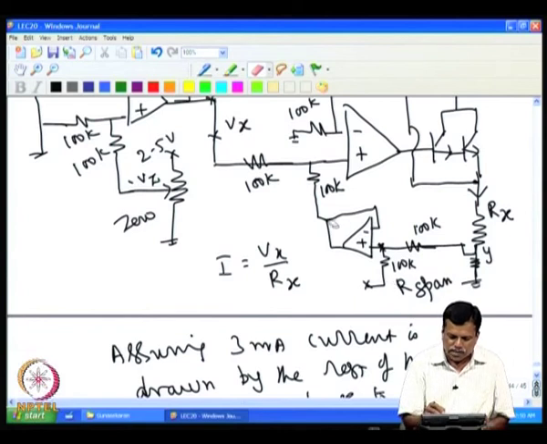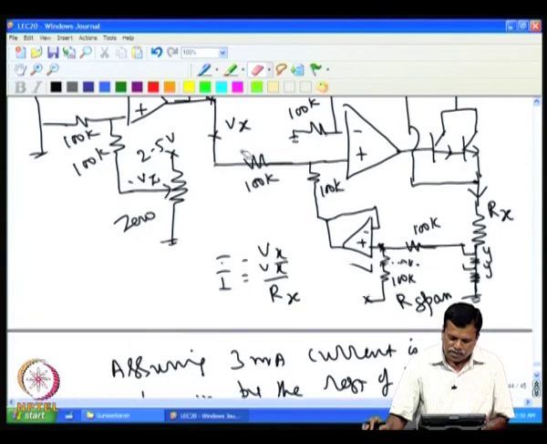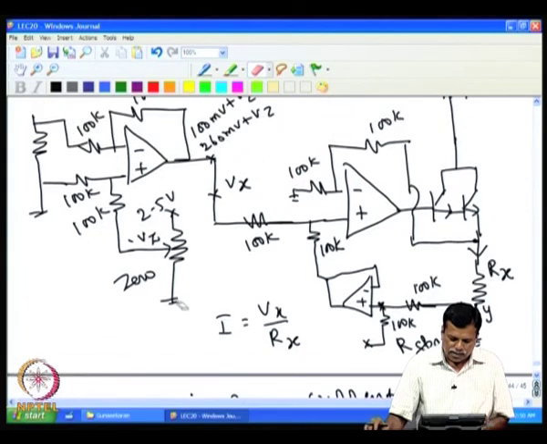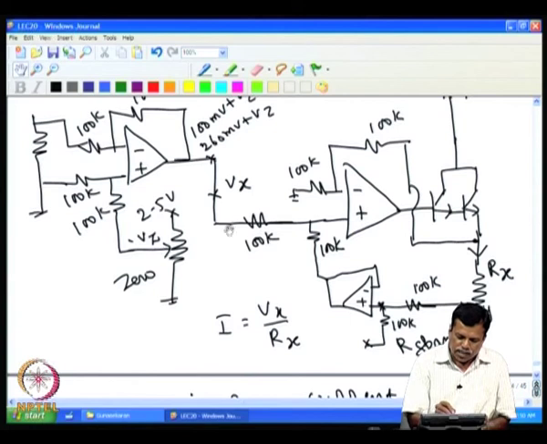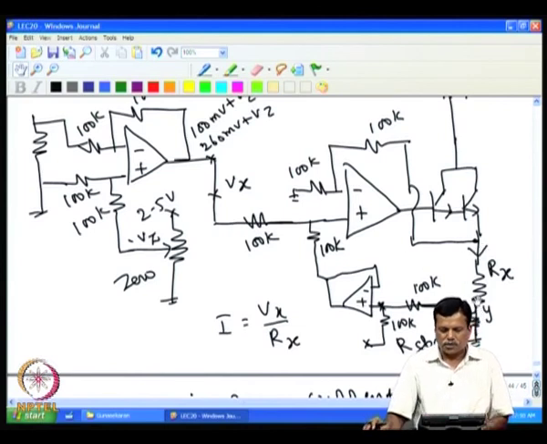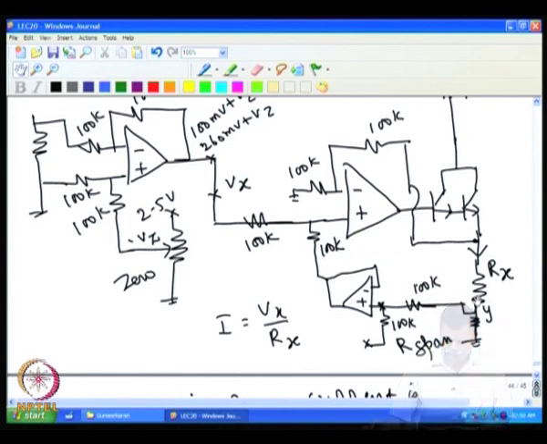Now, another possibility is to keep this voltage as 0, and then only 100 to 260 millivolt varies, and that can be made to vary the 4 to 20 milliampere current. That is another possibility.